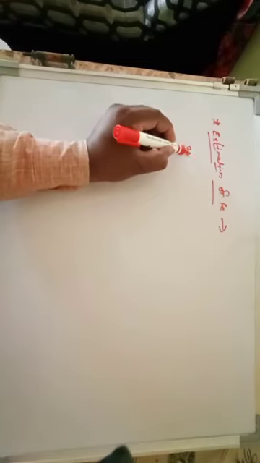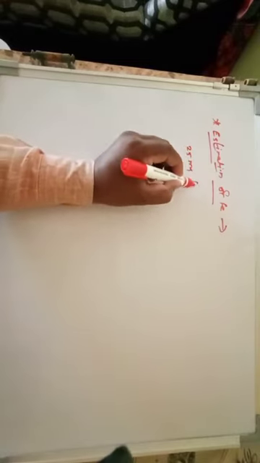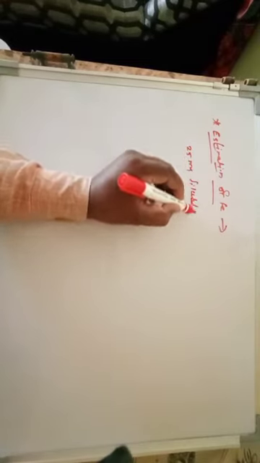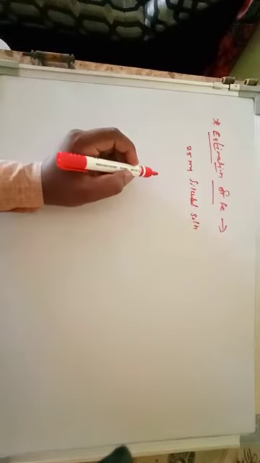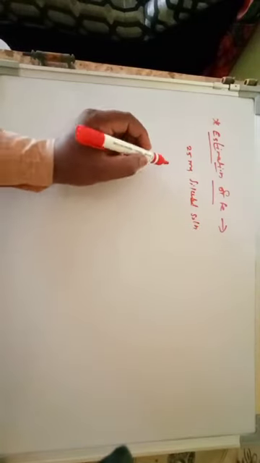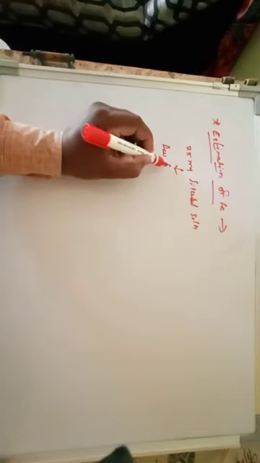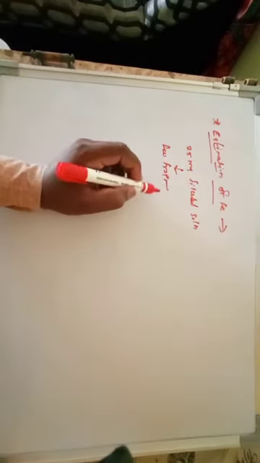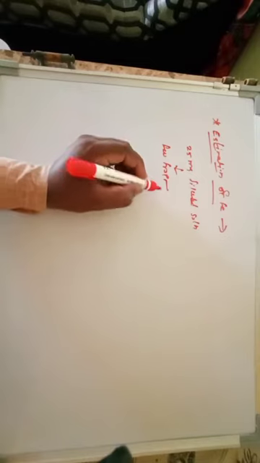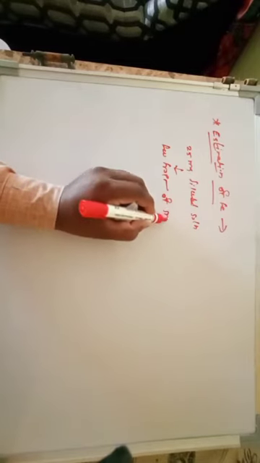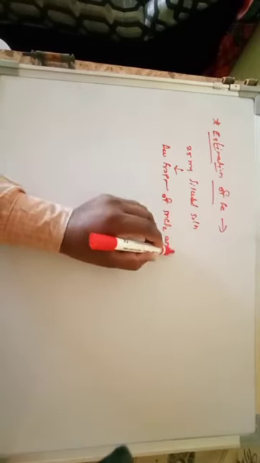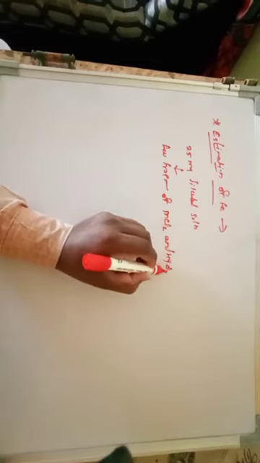Take 25 ml of the diluted solution, then add a few drops of SnCl2 and HgCl2. What is the role of this SnCl2 and HgCl2? We will discuss later on.